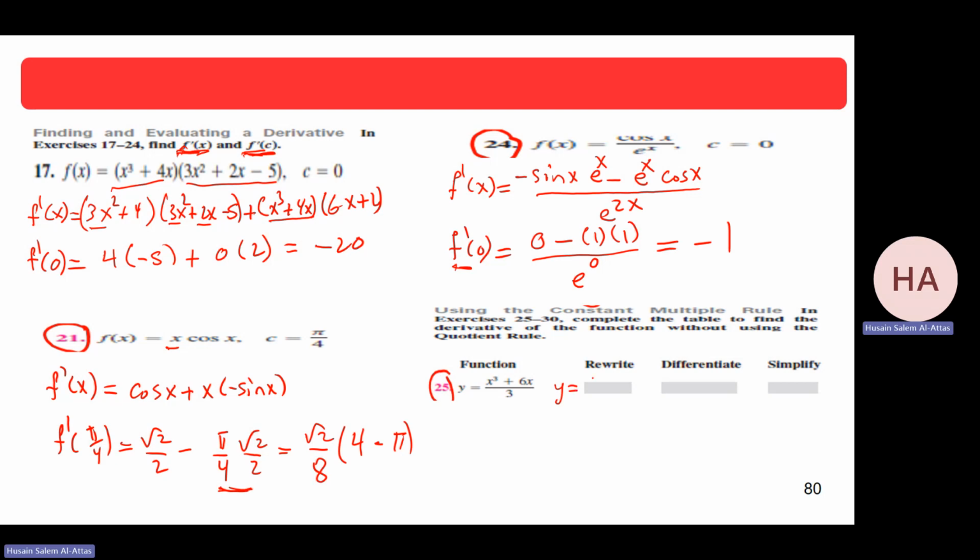That's easy to do, like in 3.2. 1 over 3 x cubed plus 2x. Now differentiate. You have y prime equals x squared plus 2. And that will be the final answer, which is, I think, very clear. Actually, this is 3.2, it is not 3.3.